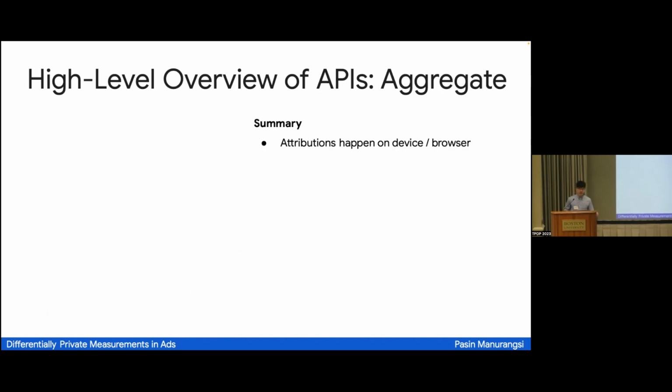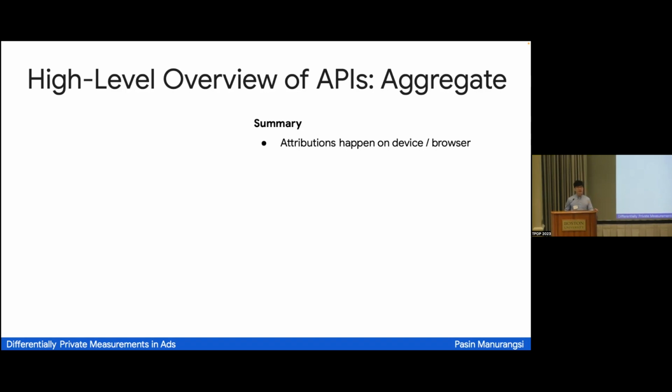So the high level of the different aggregate APIs is as follows. First of all, since your device or your browser actually gets to see all the impressions and all the conversions that you do, you can already do attribution on device, or in other words, inside the browser itself.